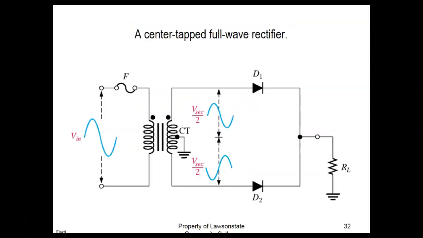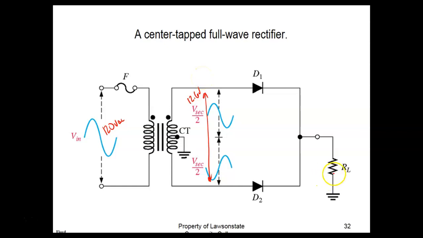So here's center tap. And of course, we have a 12.6 volt center tap. So it means if I was to give this thing exactly 120 volts AC, and we were operating the transformer at its rated load, then if I measured from here to here, I would measure 12.6 volts.